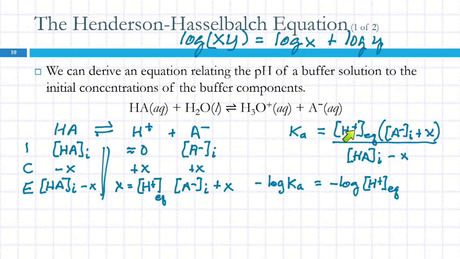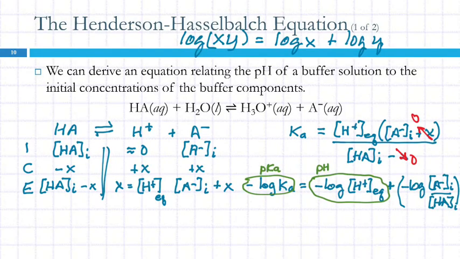So here I can think of this as H plus times A minus over HA. Oh, so the other thing we need to do here, this equation only works when x is small. So if x is small, then this x disappears and this x disappears. This was also an x, that one's not going to disappear.